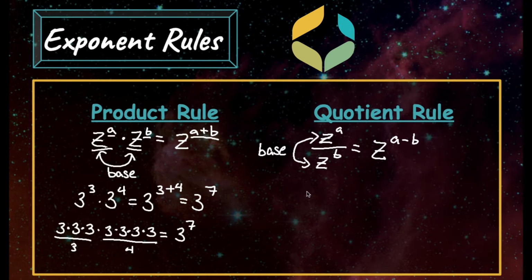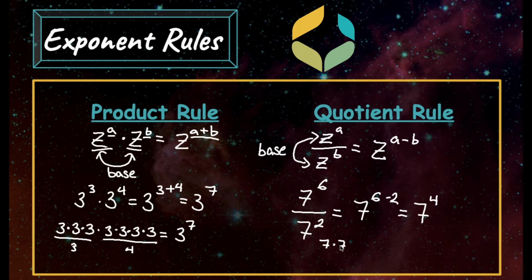If we have 7 to the power of 6 over 7 to the power of 2, what we have to do here is subtract the exponents. It's going to be 7 to the power of 6 minus 2, which will be 7 to the power of 4. 7 to the power of 6 means we're multiplying 7 by itself 6 times: 2, 3, 4, 5, 6.